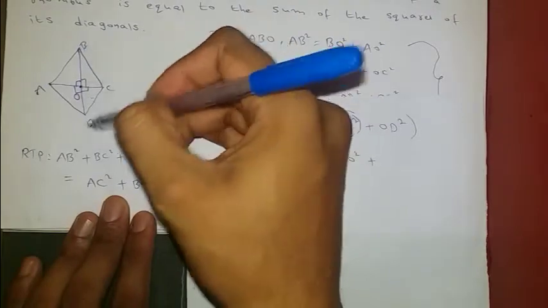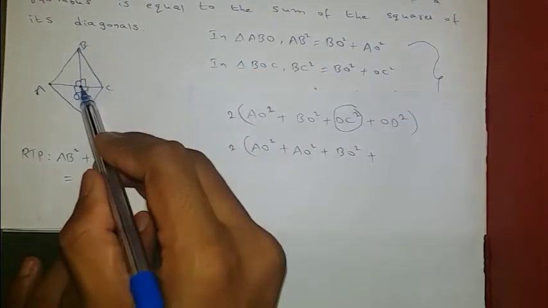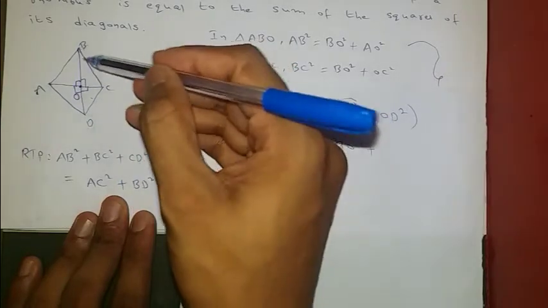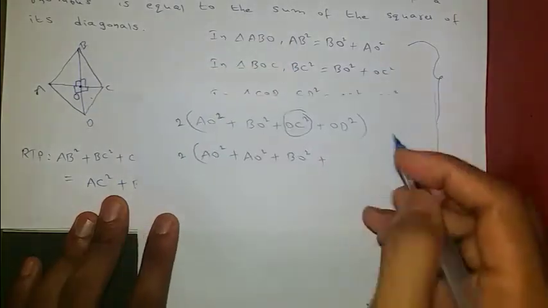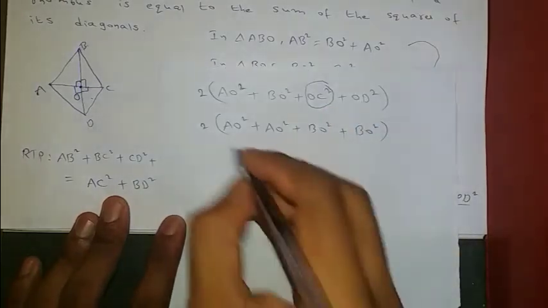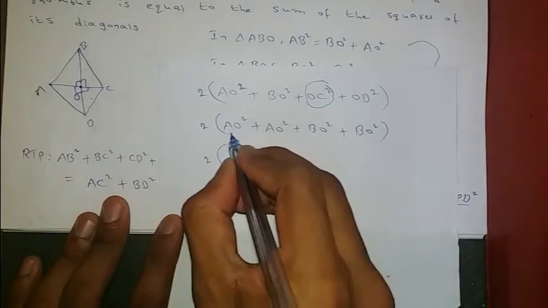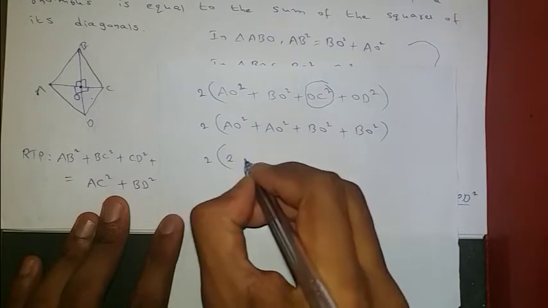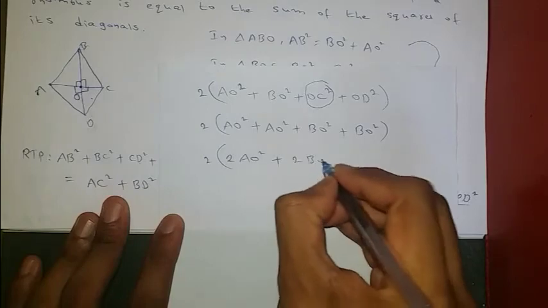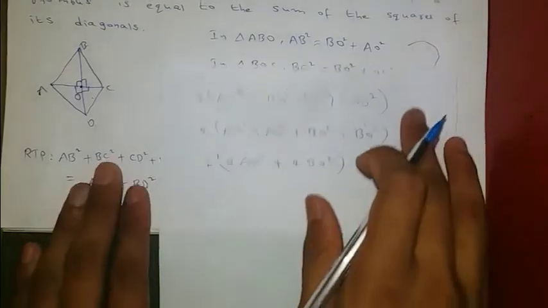If we observe this BD diagonal, this point O is dividing this total diagonal BD into two equal parts. One is BO and one is OD. So again in the place of OD square I am writing BO square. So we will get 2 times AO square plus AO square, 2 times AO square plus BO square plus BO square, 2 times BO square.